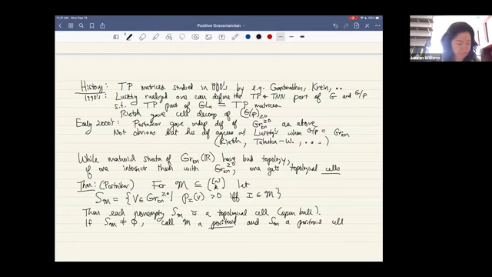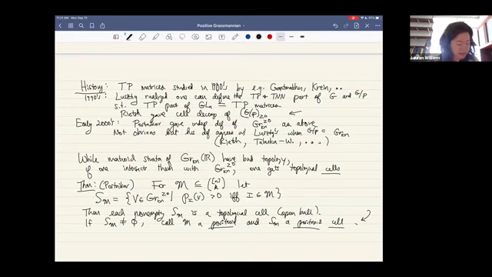Okay, so I mentioned that Rietsch in the 1990s had given a cell decomposition of the non-negative part of G mod P, and her cell decomposition agrees with Postnikov's in the case of the Grassmannian.